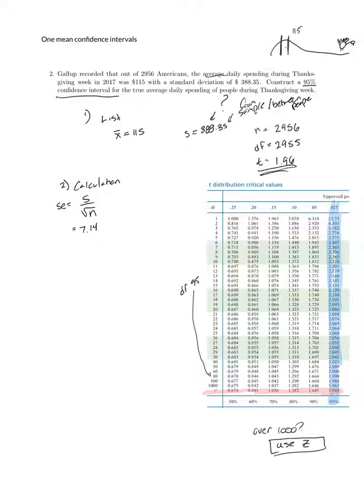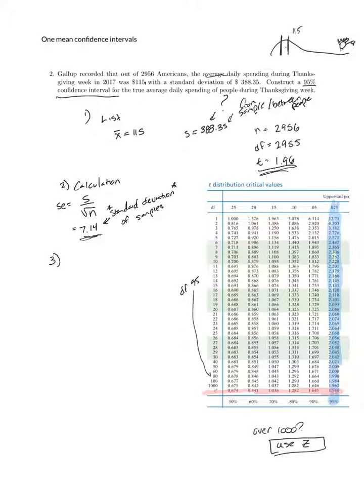This number right here is the standard deviation estimate, so it's not actual standard deviation, of samples. That is, if I took a whole bunch of samples of 2,956 people, how much variation would I see between those samples themselves? Not every sample would have an average of 115, some might be higher, some might be lower, so this is the estimate of how much variation I would see between samples.